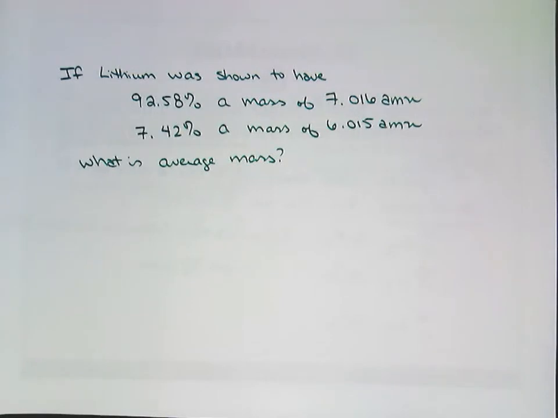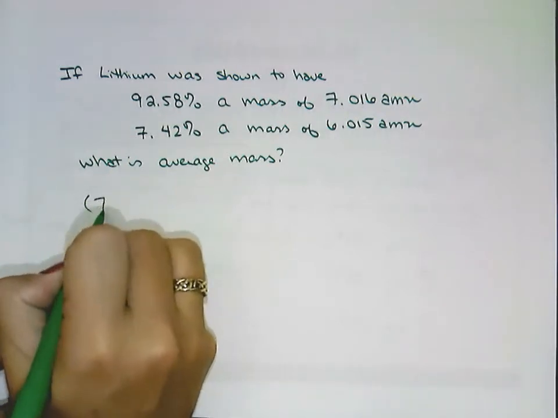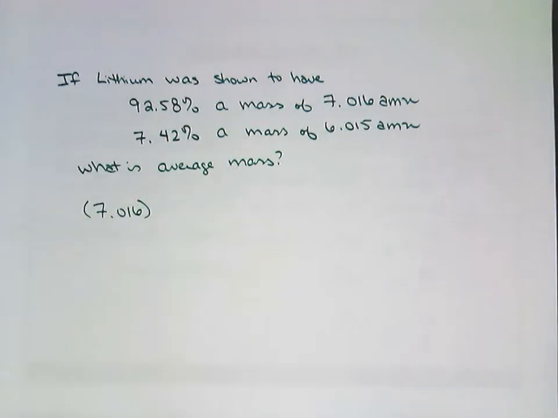So how do I set up the first multiplication? What two things do I multiply together? I hear 7. Yeah, okay, we'll do that. Then what do I multiply that by? How do I turn my percentage into a decimal? Right, do this.